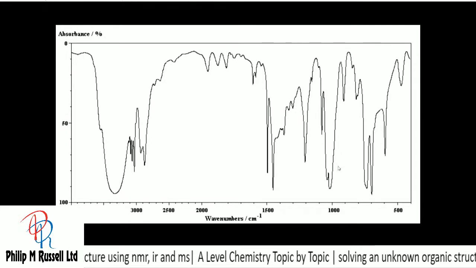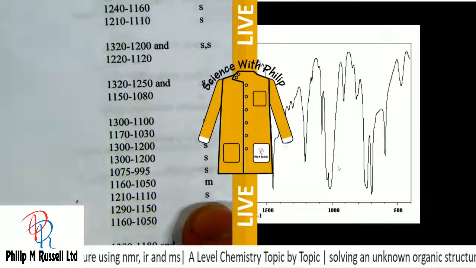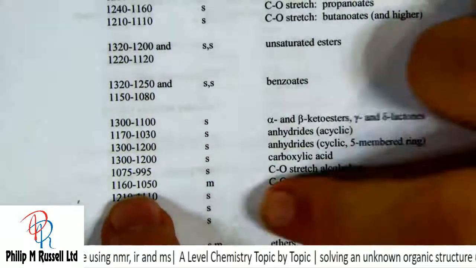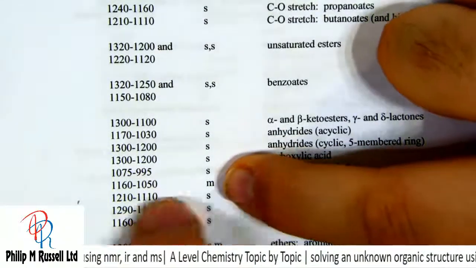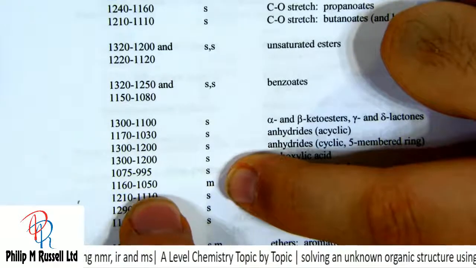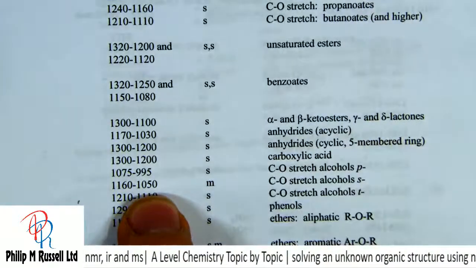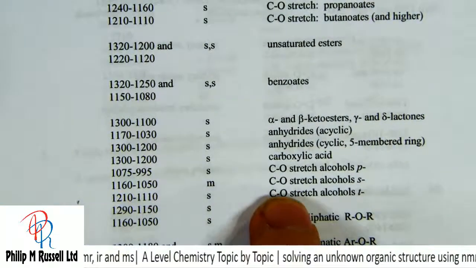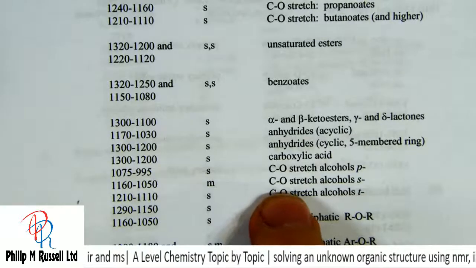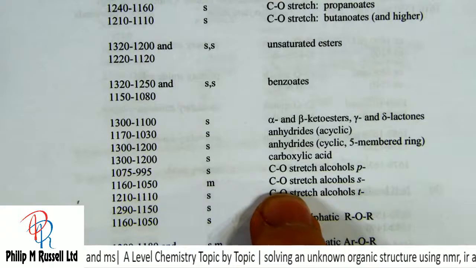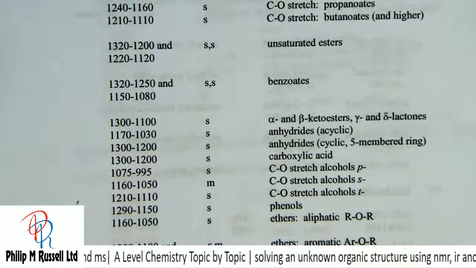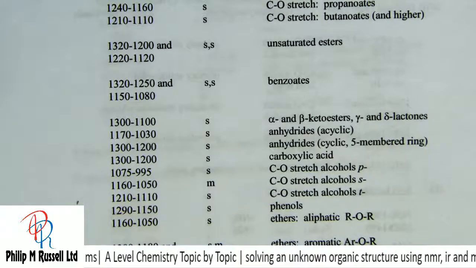If you look back at the spectrum sheet, you're looking now for M's. That's an M, and it's about the right number, 1160, 1050. It's of the right order, isn't it? So it could be a CO in an alcohol. Okay, so we note that down for future reference.